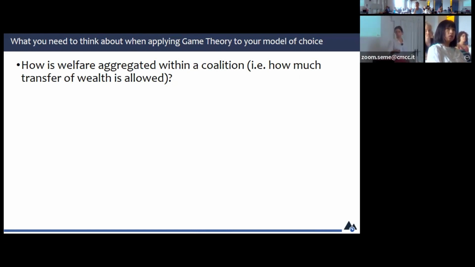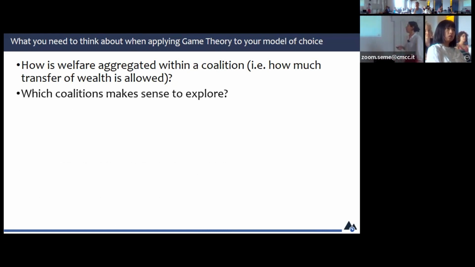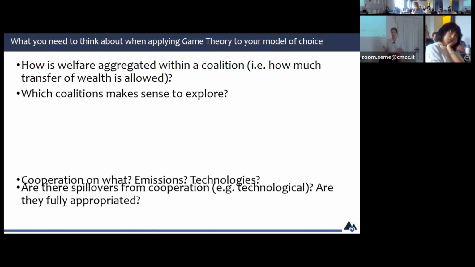That's a very interesting part of your story. Then you want to think about which coalition makes sense to explore. Only the potentially effective or politically meaningful coalitions, not everything else. So there's no need for you to use that parallel computing like crazy, just to trim it down to a set of coalitions that make sense. Don't use energy for nothing.